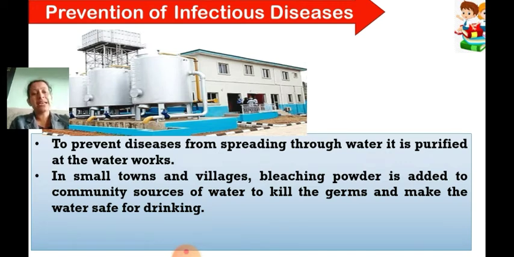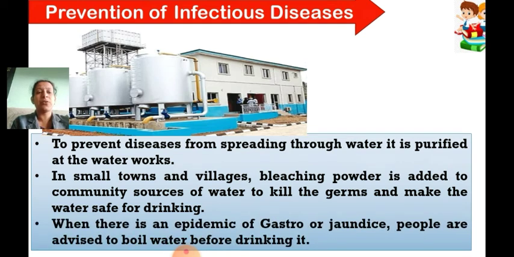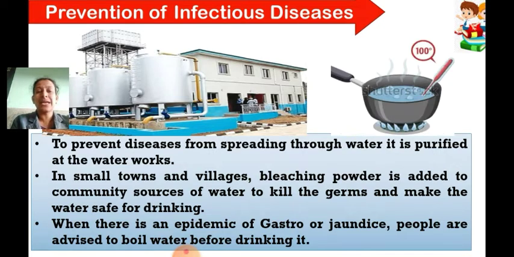And at the domestic level, that means in the house, people are advised to drink boiled water. That means boiling is very important to kill the microorganisms. So when the water is sent in a larger amount from the waterworks, already at the waterworks the different stages are there wherein the water is getting purified. First settling and all, you have learned that previously, right?